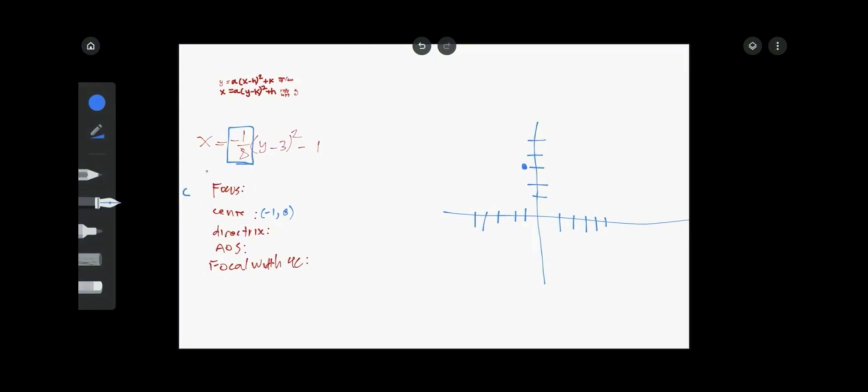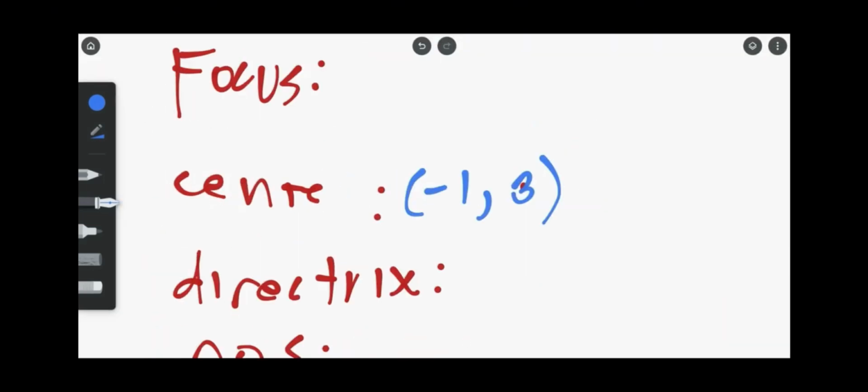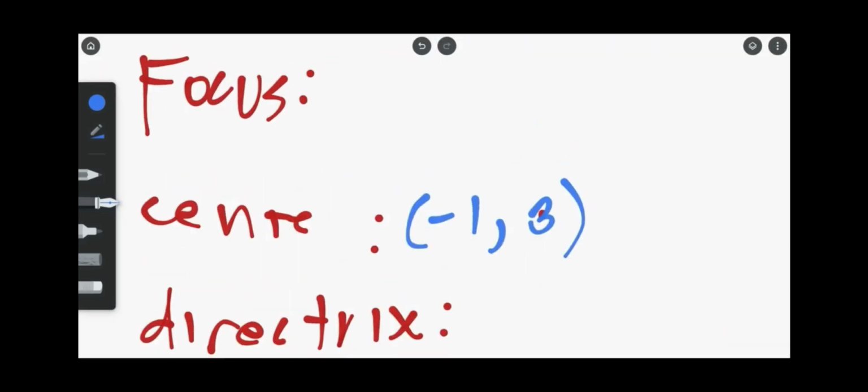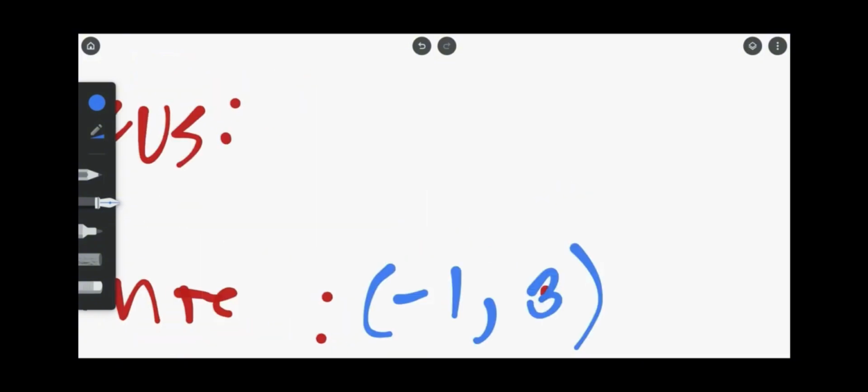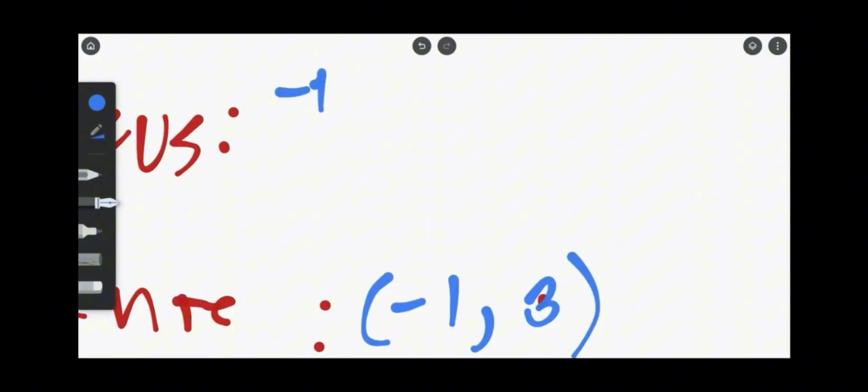And how do we get the focus? Another thing we have to remember: 1 over 4c is a. So if we know that a is -1 over 8, we can just set up an equation here. If it's negative, you don't have to worry about that.